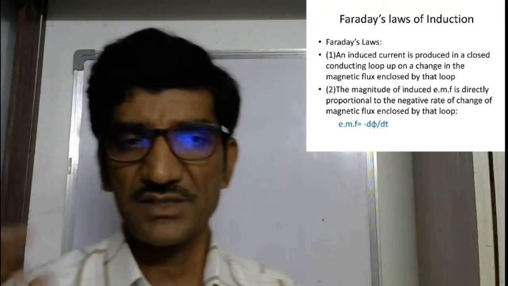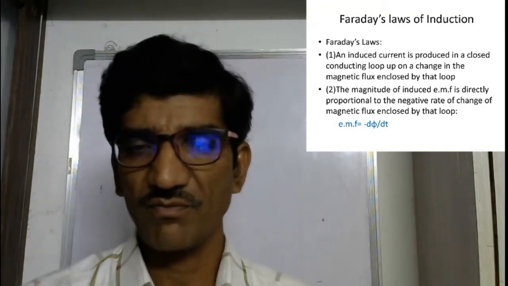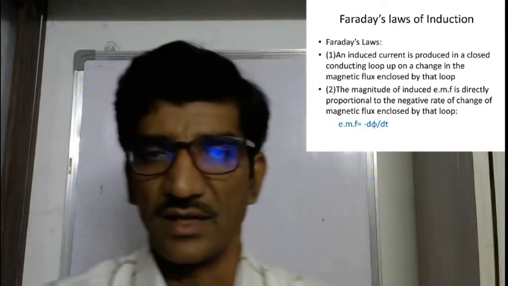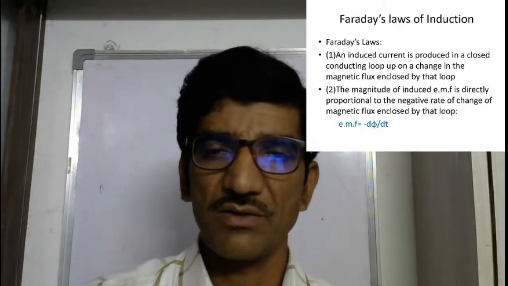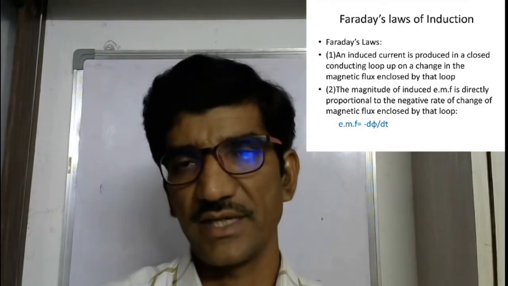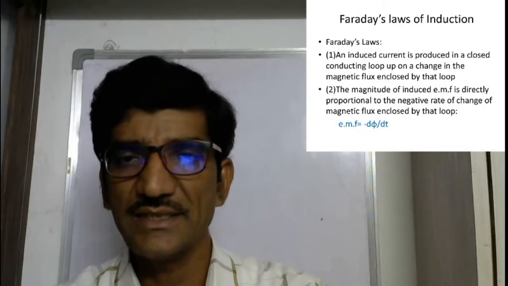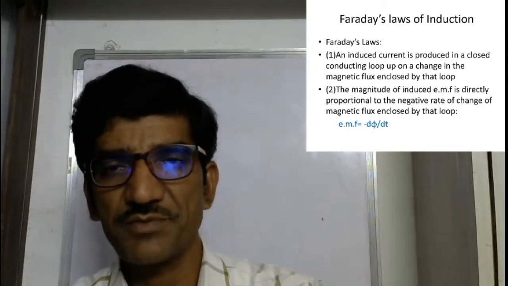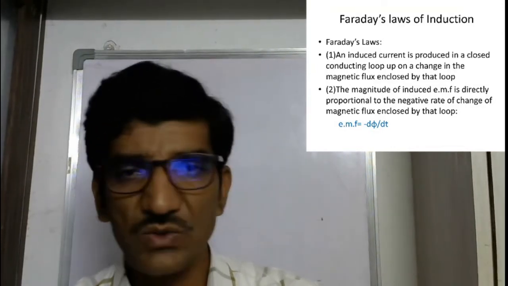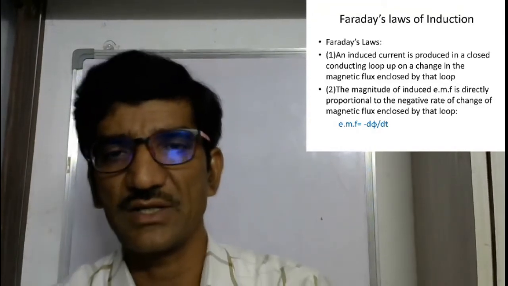Let us take the first one. It will just give you the origin of the induced current. You just go through that law on the slide. An induced current is produced in a closed conducting loop upon a change in the magnetic flux enclosed by that loop.